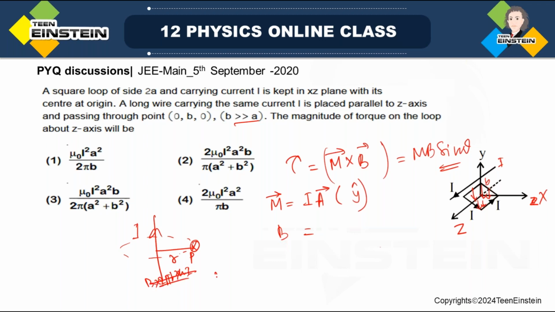So B equals mu 0 I divided by 2 pi b. This is the magnetic field which is providing the force to this loop.